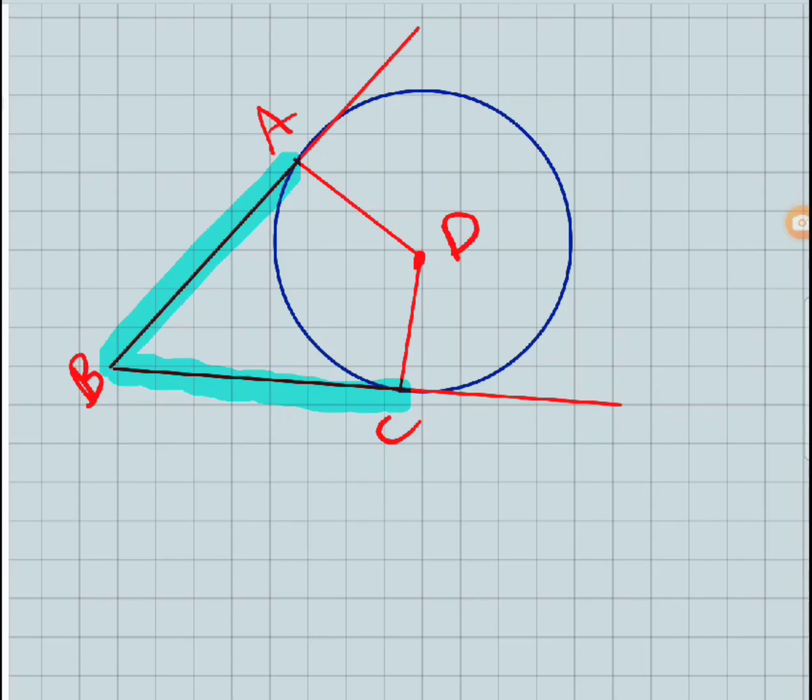You need to know that the two tangent segments, segment AB and segment CB, they're congruent. So they're the same. Anytime you have two tangent segments extending from a common endpoint, those tangent segments will be congruent.